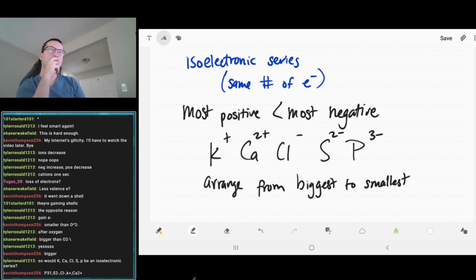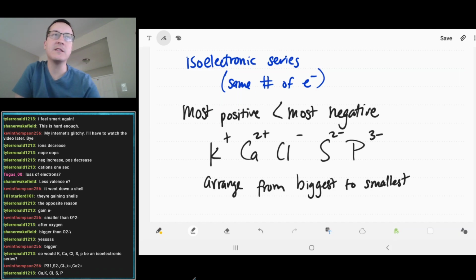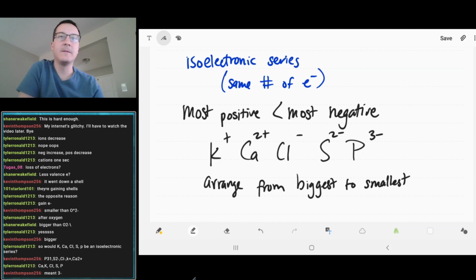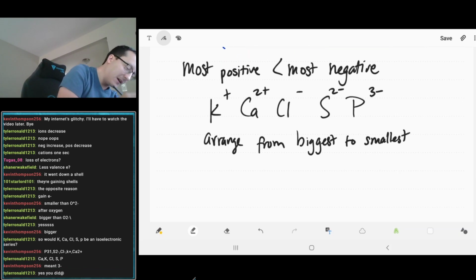Looks good, Kevin. Oh, Tyler, I switched it on you. I said biggest to smallest, so you have in fact done smallest to biggest. Haha, gotcha. Yeah, so indeed, the biggest one is going to be the phosphide ion.